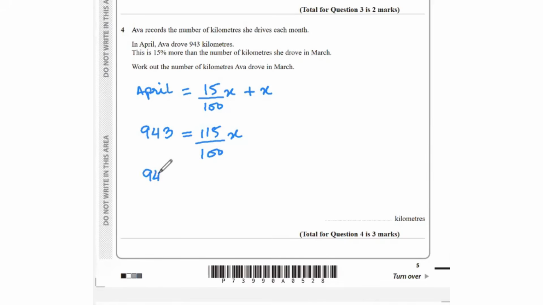So that's going to be 943 times 100 divided by 115. And that is going to give us 820 kilometers, the number of kilometers she traveled in March. That is your answer.